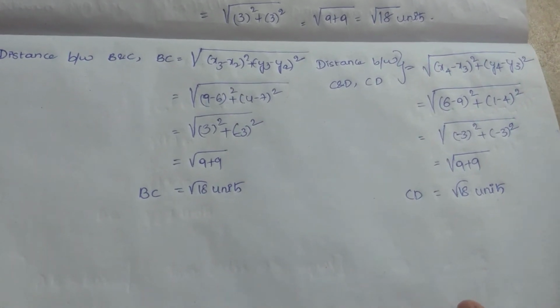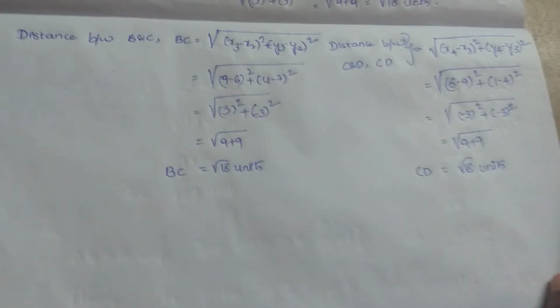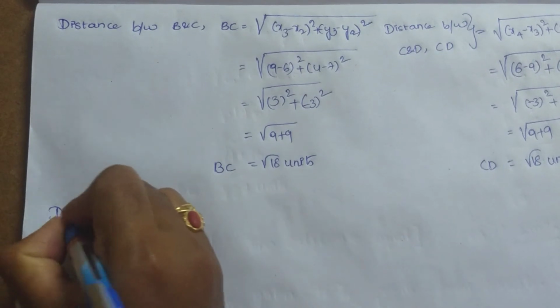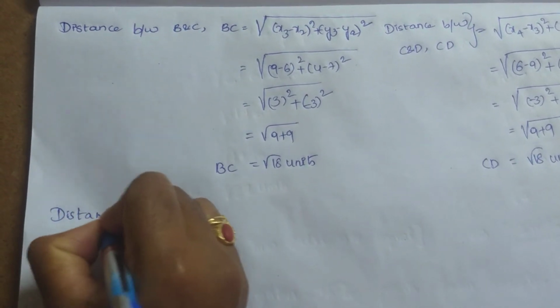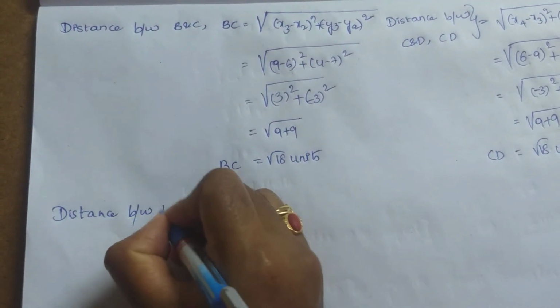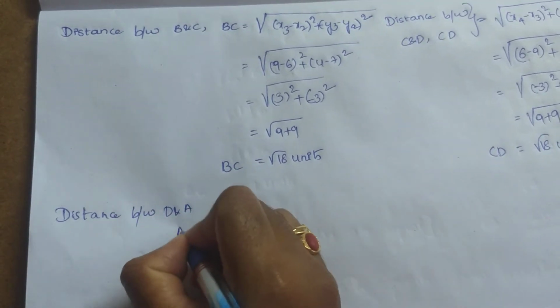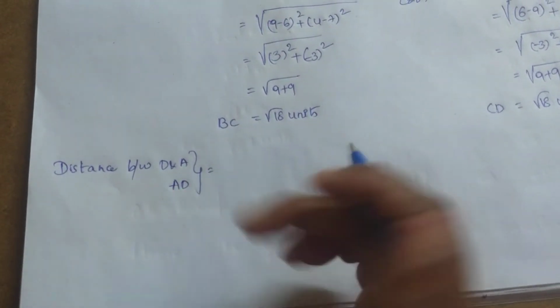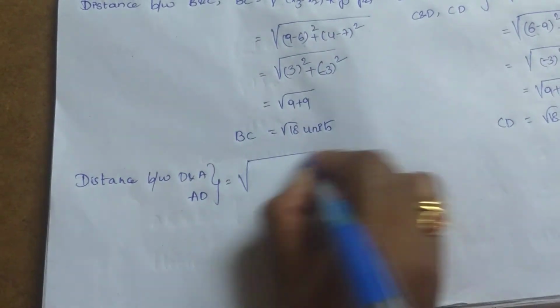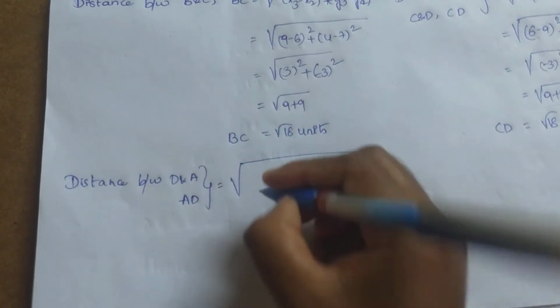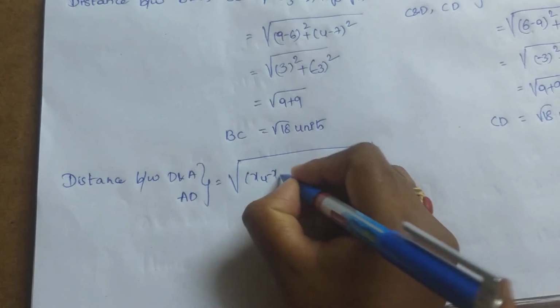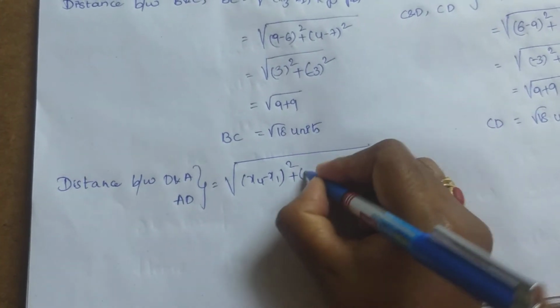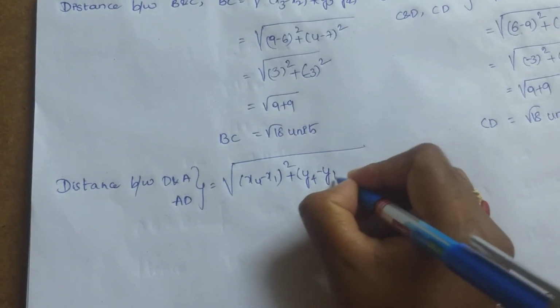In the same way, let us find for DA also. Distance between D and A, that is AD equals, you can take either D or A first. So here I am taking AD first, so x4 minus x1 whole square plus y4 minus y1 whole square.